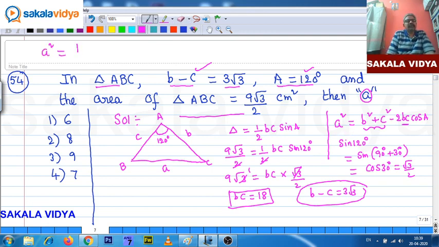a square is equal to b square plus c square minus 2bc cos a. A is actually 120 degrees. See, cos 120 is minus half. So that is minus half.